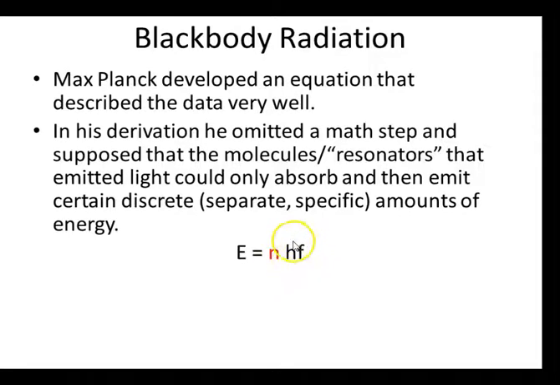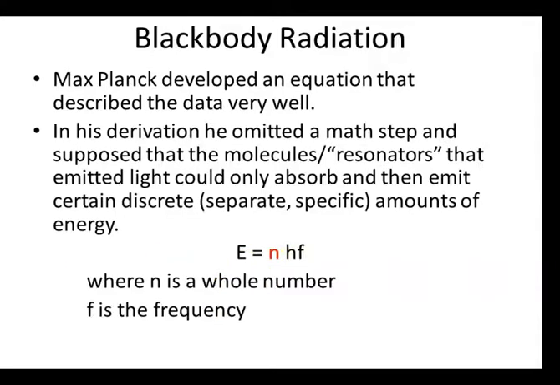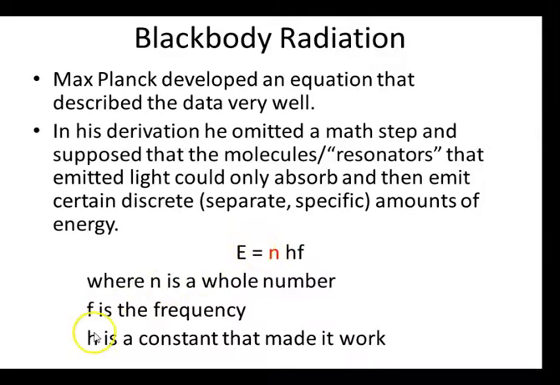But the amount of energy is dependent on the frequency of the resonator. Actually, I said light before. I think he thought of it as the frequency of the resonator, okay? Where n is a whole number, f is the frequency of their shaking, the resonator shaking back and forth, and h is a constant that made everything work, okay?